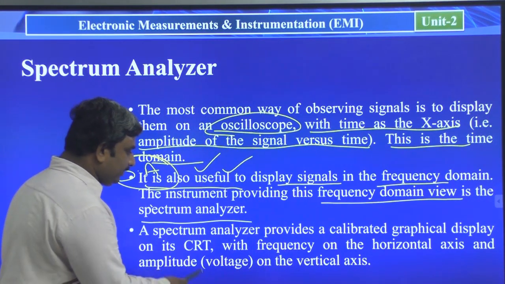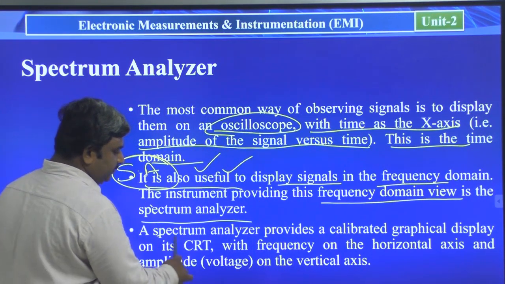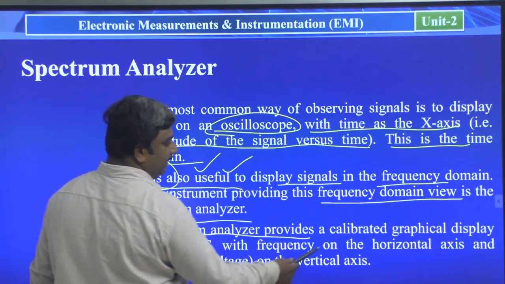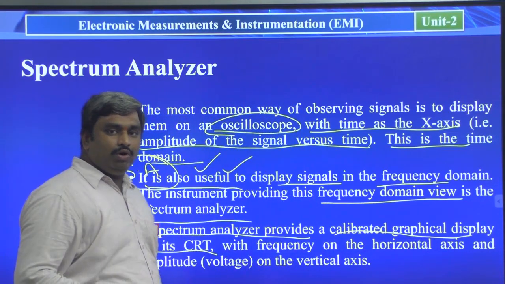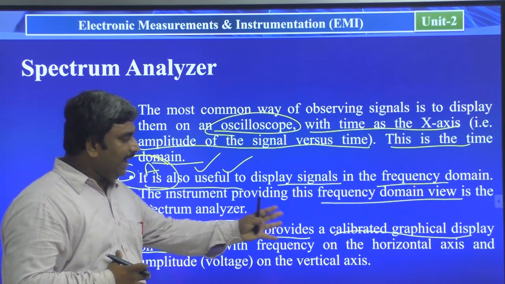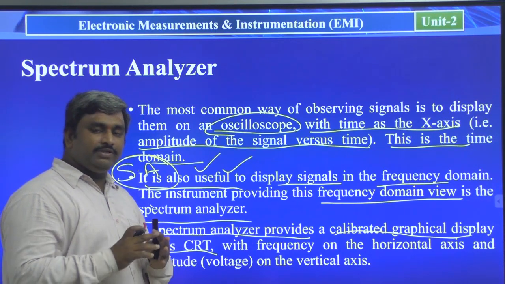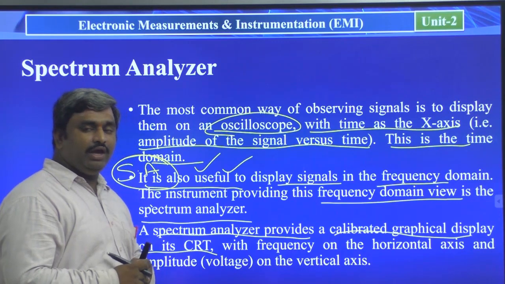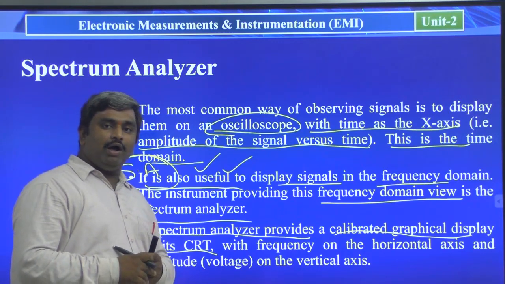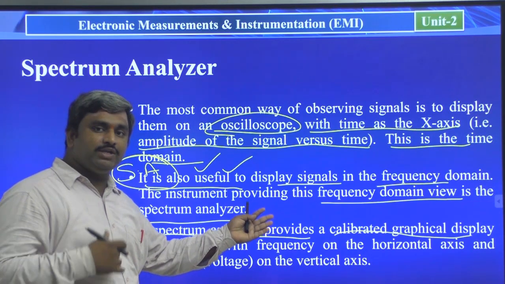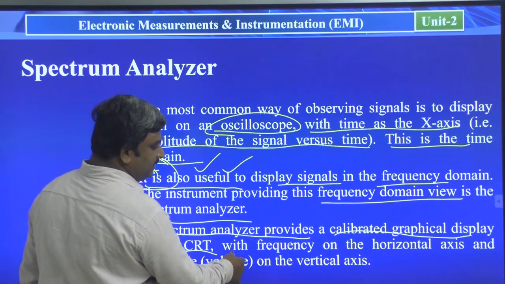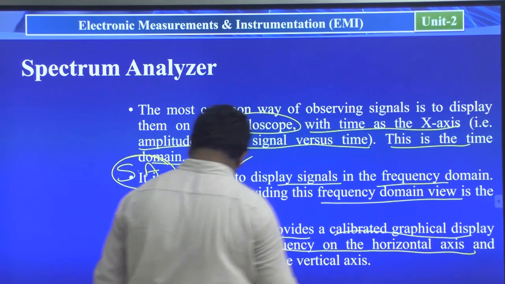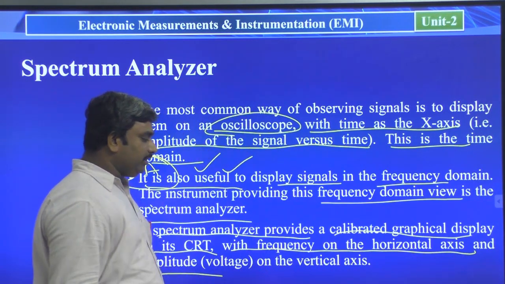A spectrum analyzer provides a calibrated graphical display on the CRT. That means it calculates everything and provides all the information as calibrated information, with the frequency on the horizontal axis and amplitude on the vertical axis.